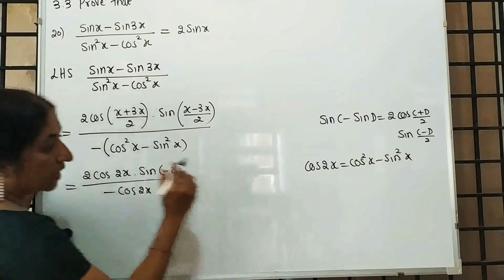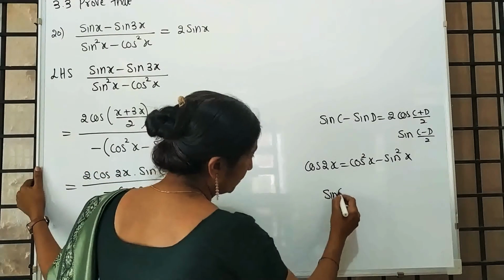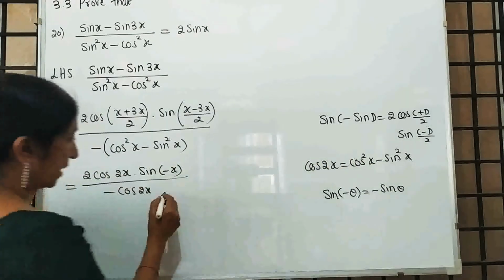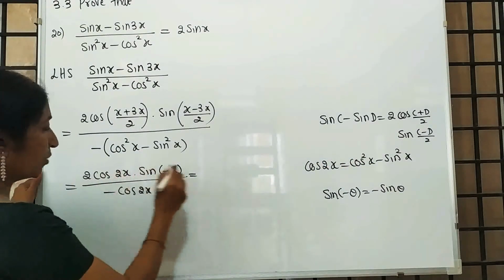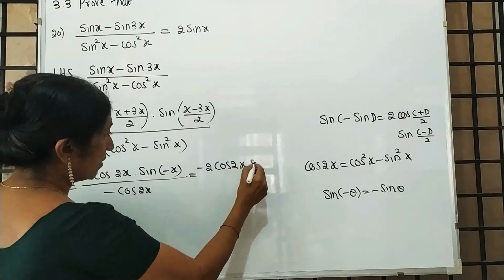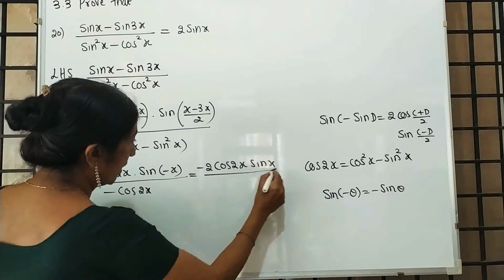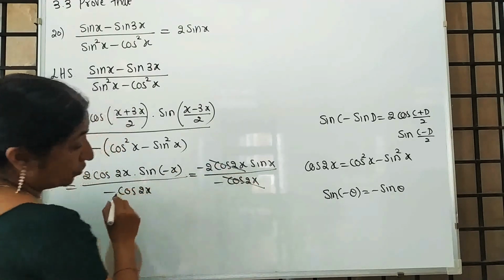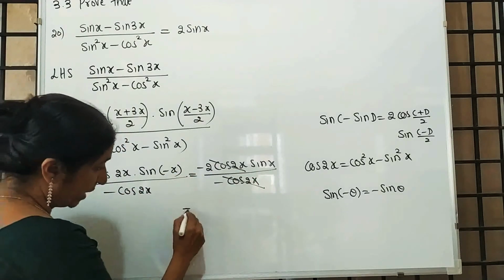And what is the sign of minus theta? Sign of minus theta is minus sin theta. So with the help of this, the numerator is minus 2 cos 2x into sin x divided by minus cos 2x. See, this minus cos 2x gets cancelled, even minus also gets cancelled.